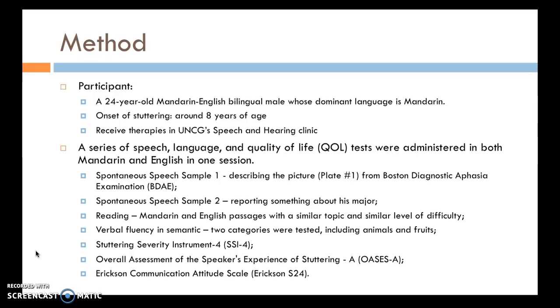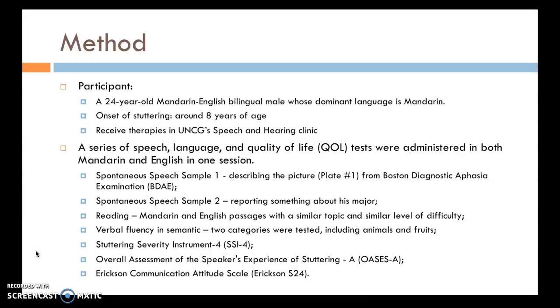These tests included spontaneous speech sample 1, where the participant had to describe the picture from the Boston Diagnostic Aphasia Examination. In spontaneous speech sample 2, the participant had to report something about his major, such as the courses, the paper, the presentation, and something like that.